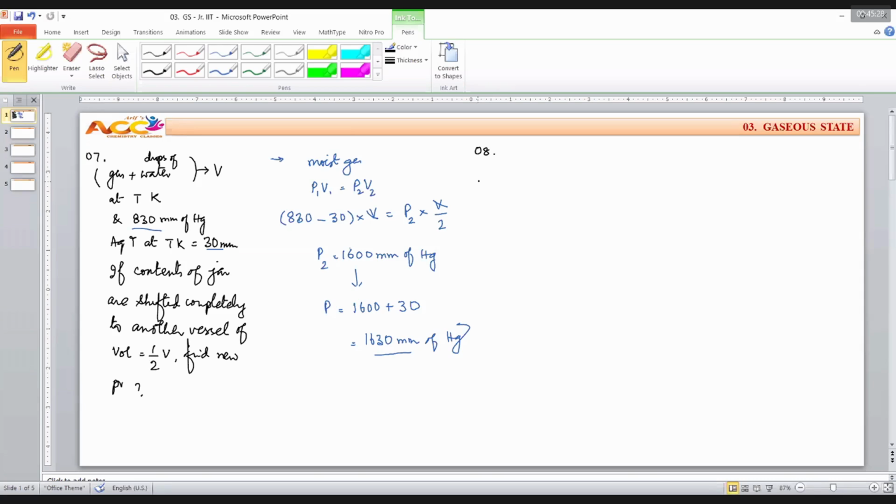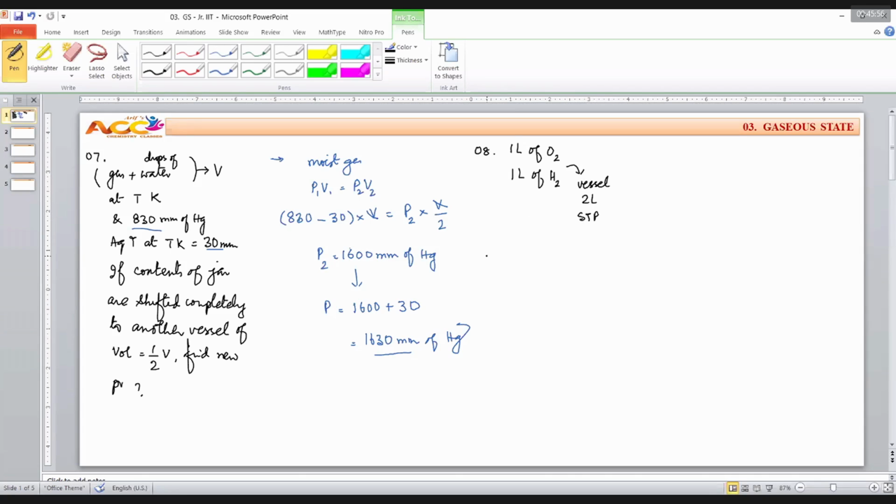There is a question here, very good question. 1 liter of oxygen and 1 liter of hydrogen are taken in a vessel of 2 liters at STP.